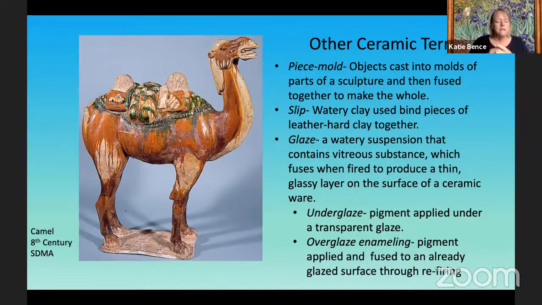Three glazes in this particular case were applied to this camel. A glaze is a watery suspension that contains a vitreous substance which fuses when fired to produce a thin glassy layer on the surface of a ceramic ware.